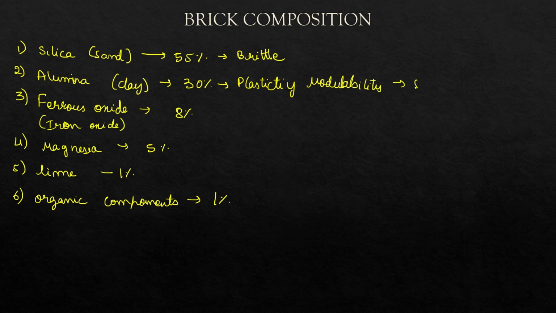And even for smooth finish, we require alumina or clay in the brick. Ferrous oxide is usually provided to provide reddish color to the brick. They may ask questions like, why is ferrous oxide used in brick? So you can answer to provide red color.